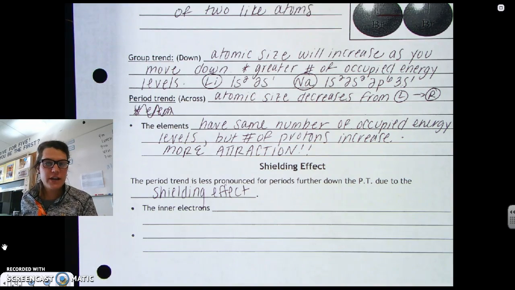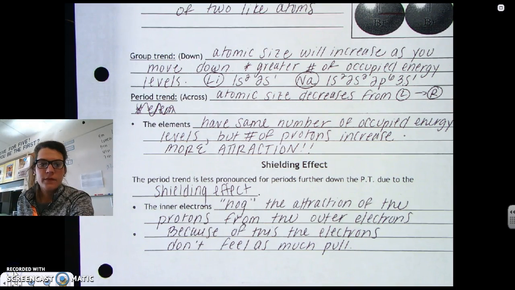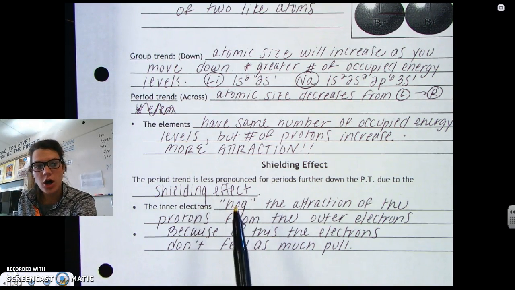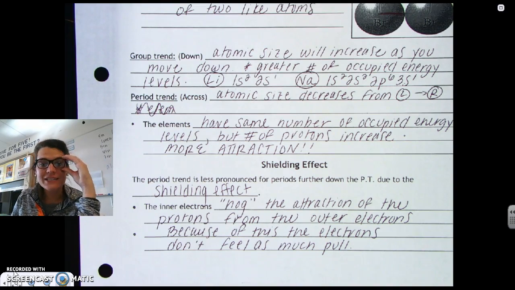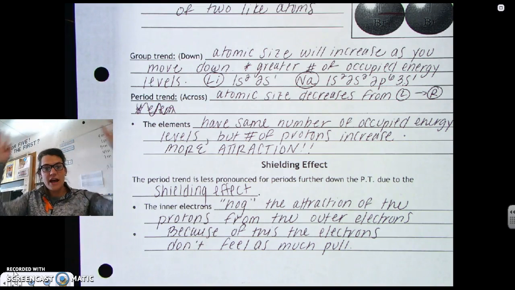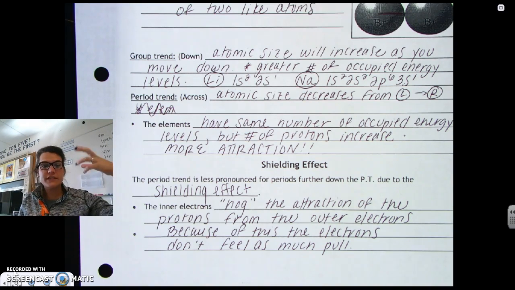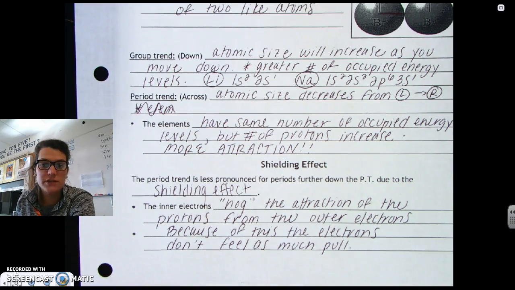Let me write the definition for you. The inner electrons hog the attraction of the protons from the outer electrons, and because of this, the electrons on the outside don't feel as much pull or attraction from the protons.